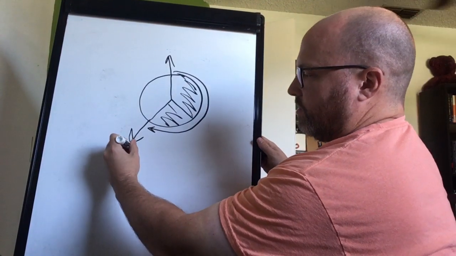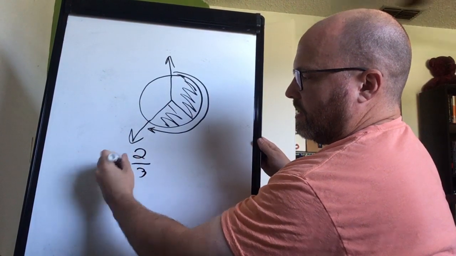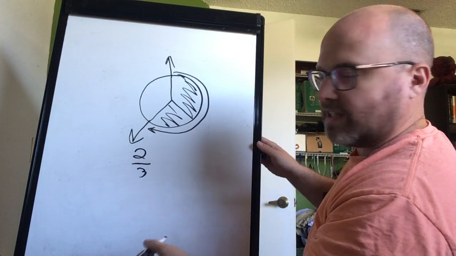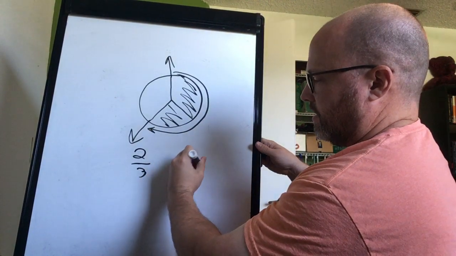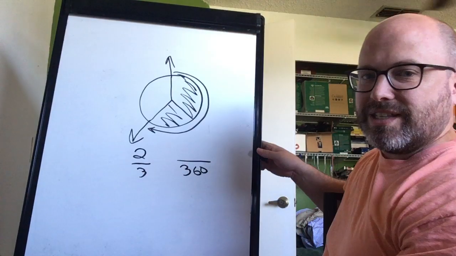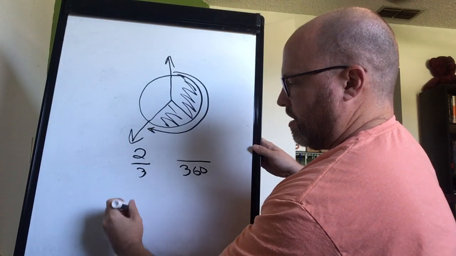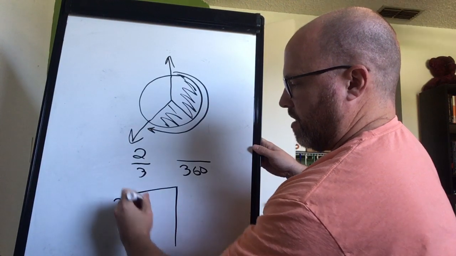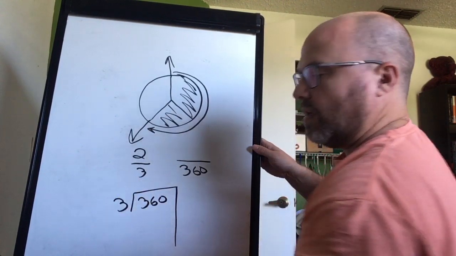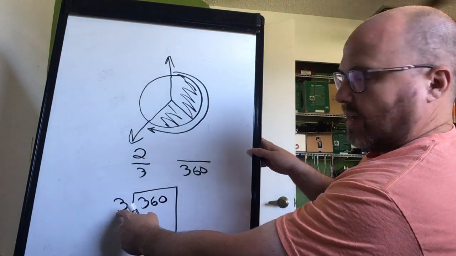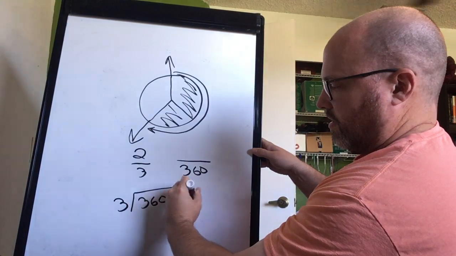Okay, so if you have 2/3, to measure that in degrees, you need to find out how many 360ths it is. You're going to do this the same way that you did the other ones. You're going to divide. In this case, maybe you say, well, I know that 3 times 100 is 300.